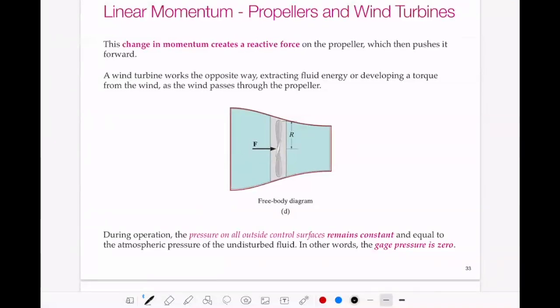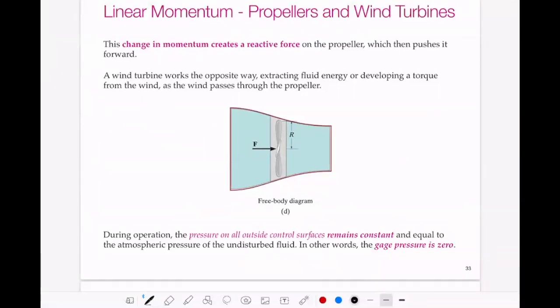So during the operation, we can use the concept of our stream tube that we talked about when we were looking at fluid visualization. If we imagine this as a circular tube of our control volume, then if those are streamlines, there's no fluid crossing the streamline. And the pressure on the outside control surfaces, because there's no fluid transferring across the streamline, the pressure gradient is perpendicular to that.